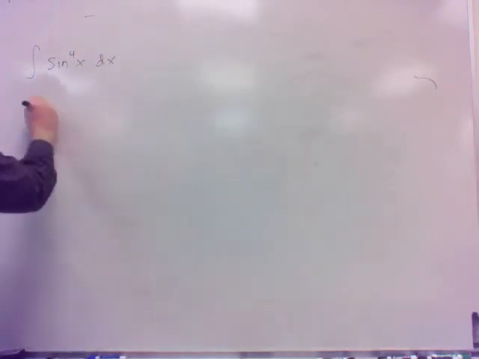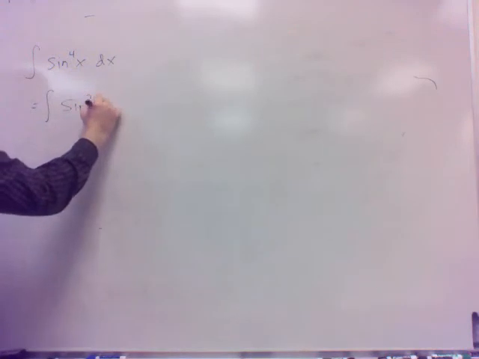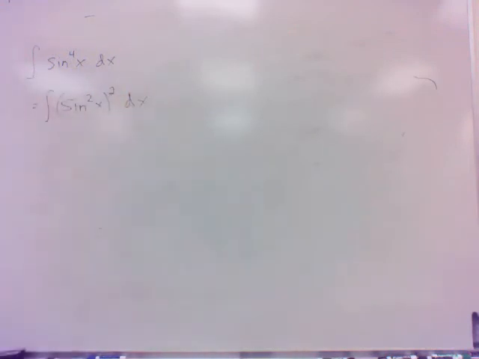Well, it's only got even powers, and so I need to use the double angle. The double angle, though, only has a sine squared option. So what I do here is really the same as I've done before. Interpret sine to the fourth as sine squared squared. So sine to the fourth is sine squared x, squared, dx.